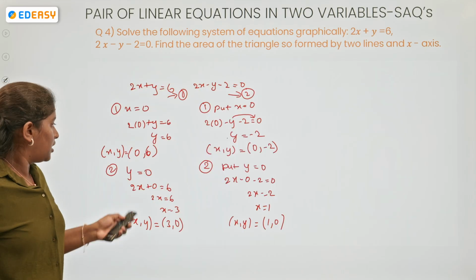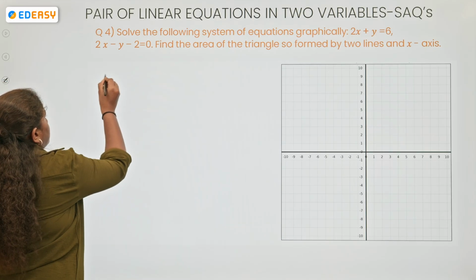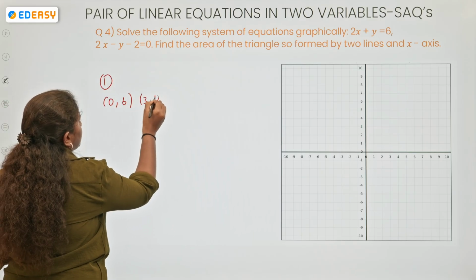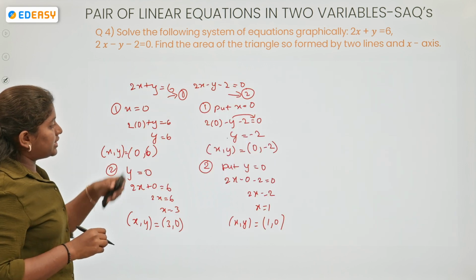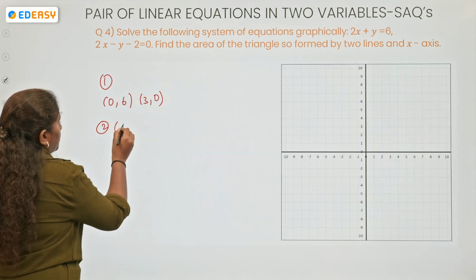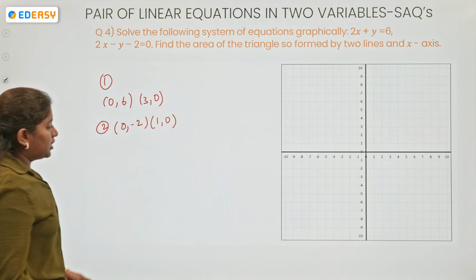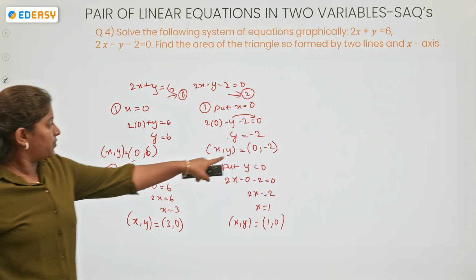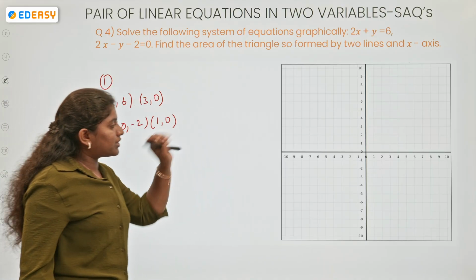The points are 0 comma 6 and 3 comma 0 for the first equation, and 0 comma minus 2 and 1 comma 0 for the second equation. Now, plot them on the graph.